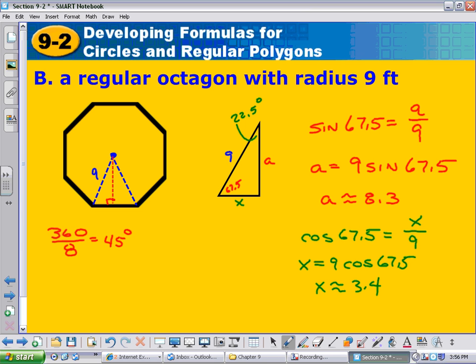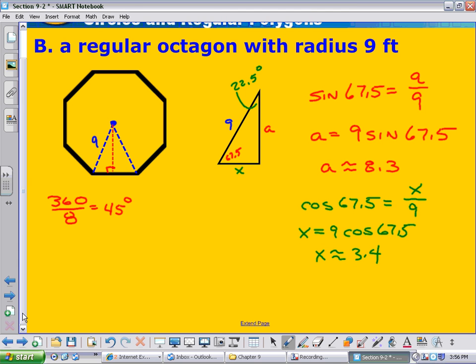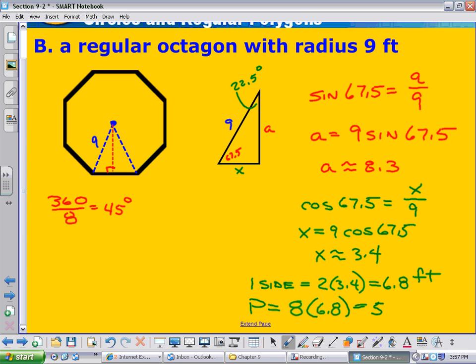Now remember, x is half of a side. So one side is going to equal 2 times 3.4, which is 6.8 feet. And then the perimeter is going to equal 8 of those sides. So 8 times 6.8, which equals 54.4 feet.